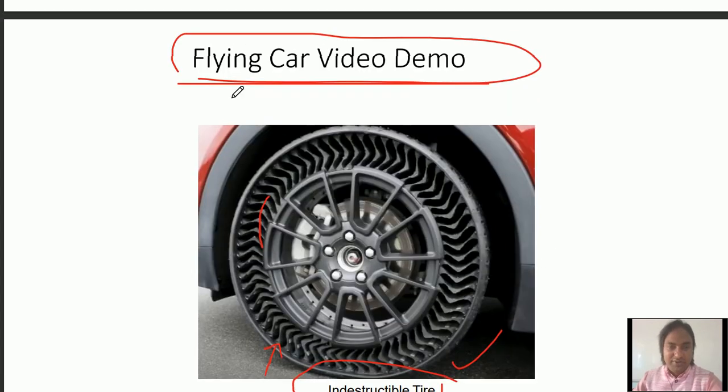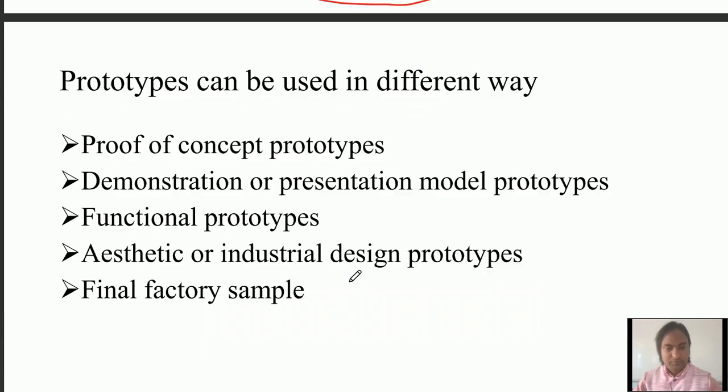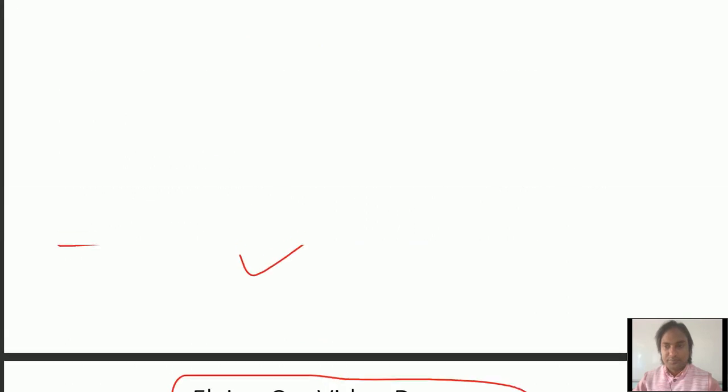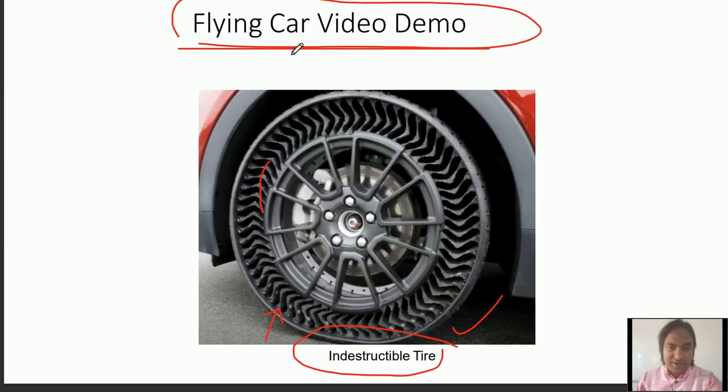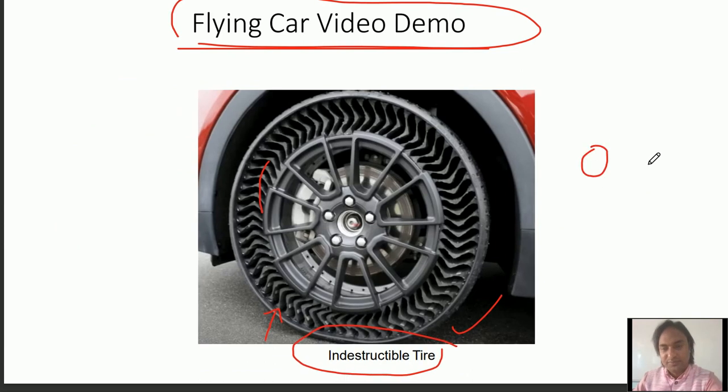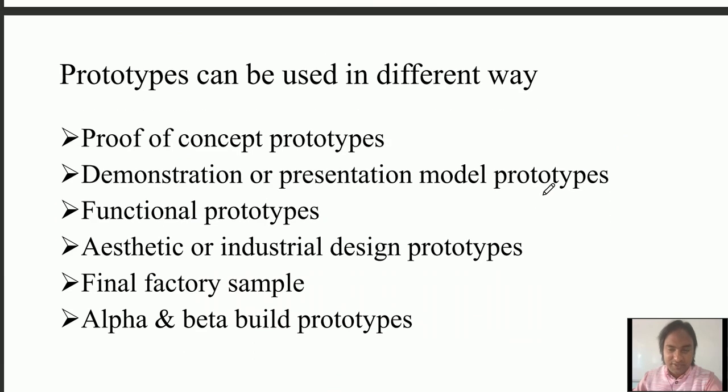Another video I will add is the flying car demonstration, where a designer designed a car that can run and fly as well. I will add this video in the slide.